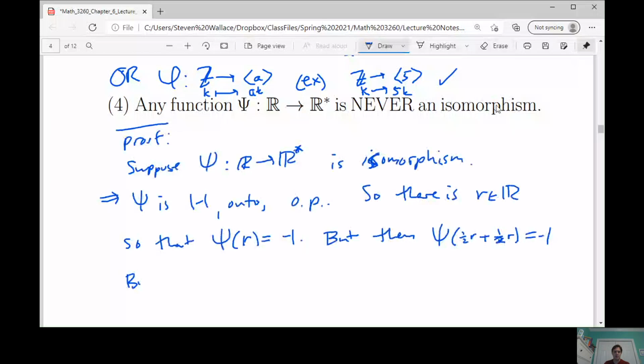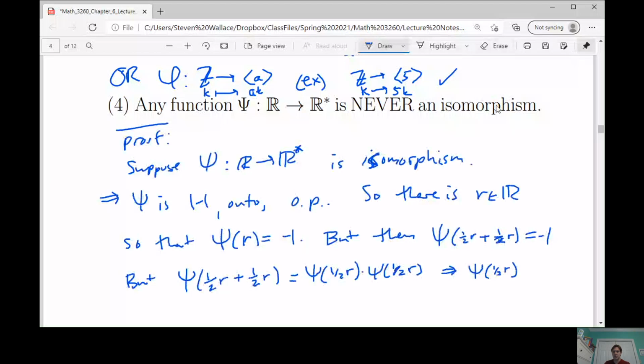But by definition of operation preserving, this also means that, because this is the operation there, it should also be equal if we multiply them in the multiplicative group, which implies that there is a number in the real numbers.